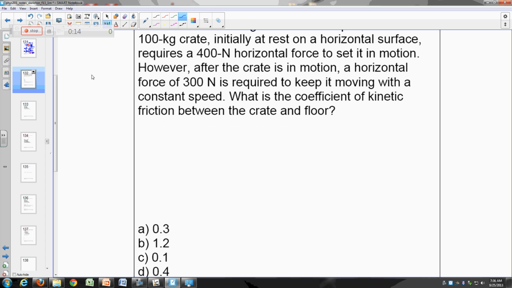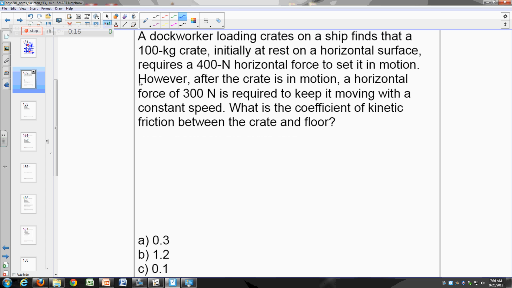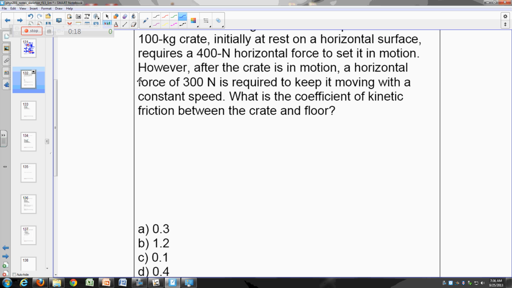It just says that a dock worker loads a ship on a crate, a 100-kilogram crate. To know what is the difference between kinetic and static friction. How do you calculate them?